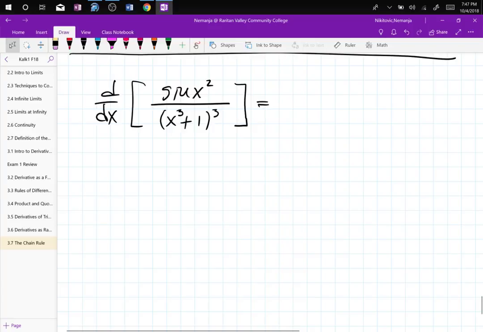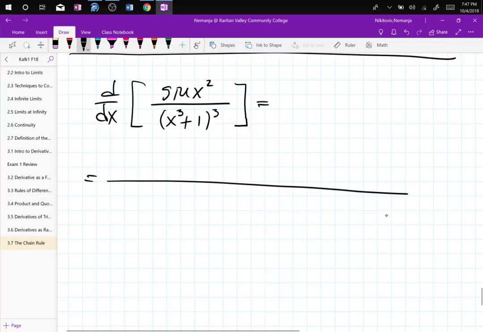Okay. So let's take a look at this problem together, then do that one calculation and be done. Quotient rule. Experience, right?